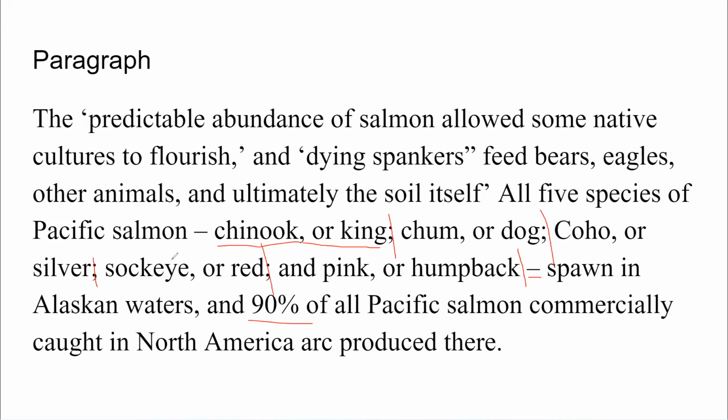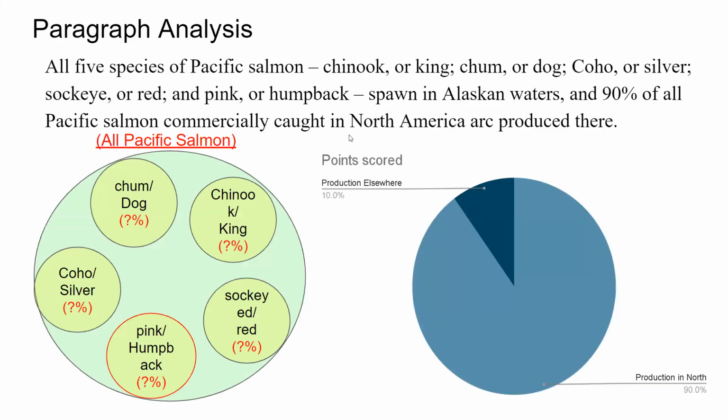Now let's see how it is not true, for which we are going to deeply analyze this paragraph and then interpret an answer. So let's see this. Paragraph is all five species of salmon: Chinook, chum, coho, sockeye, and humpback.